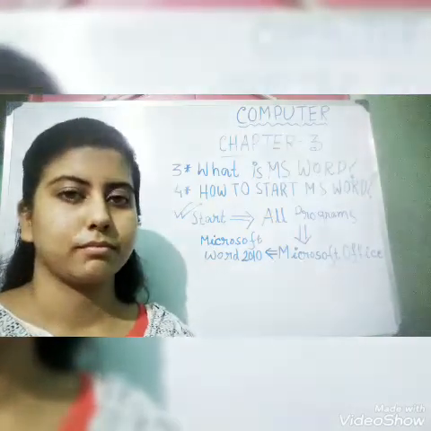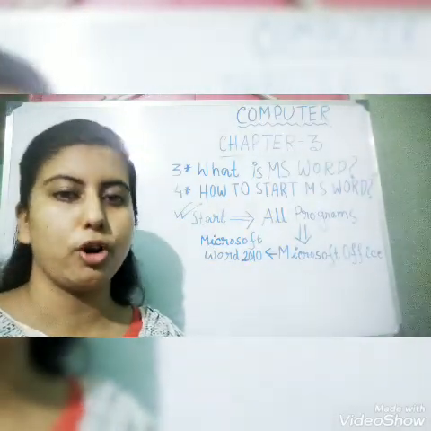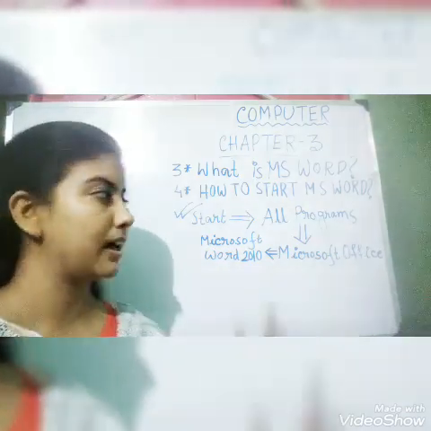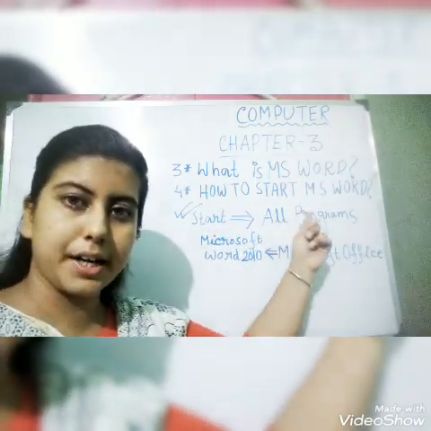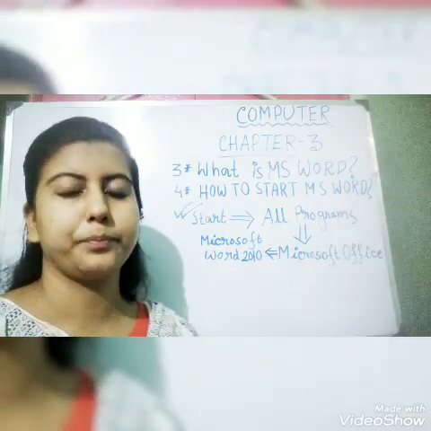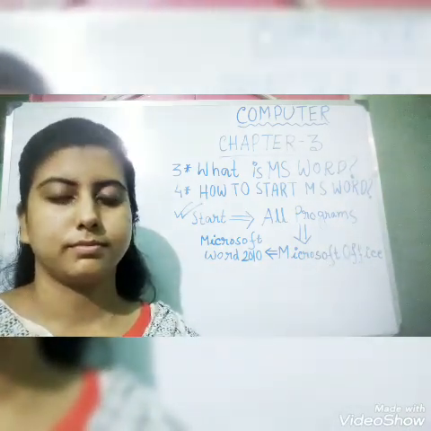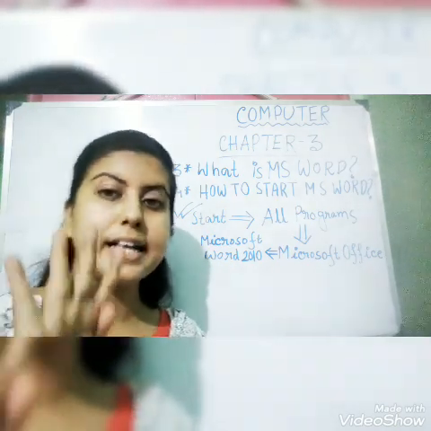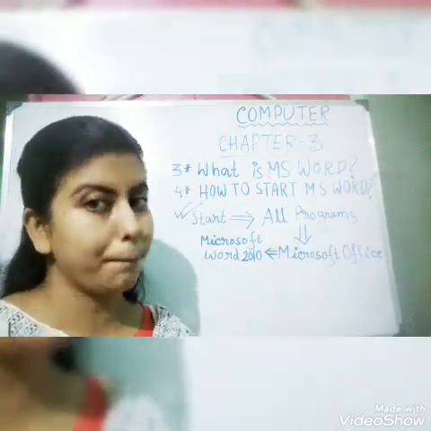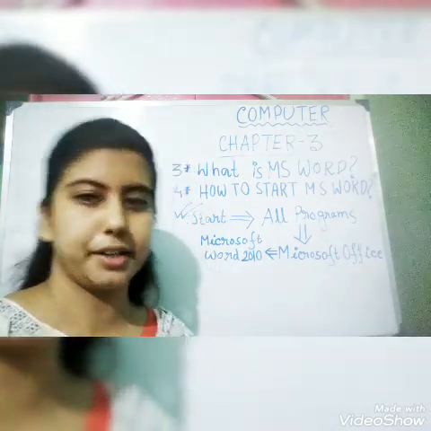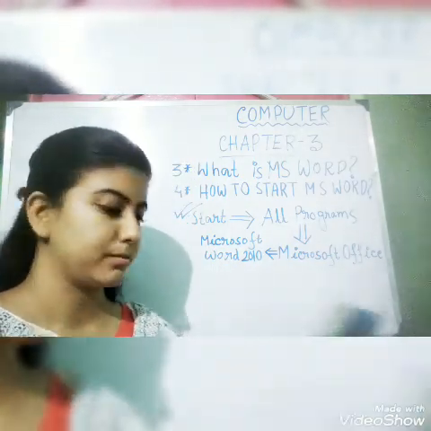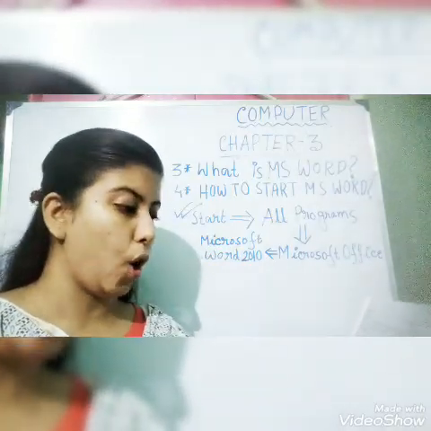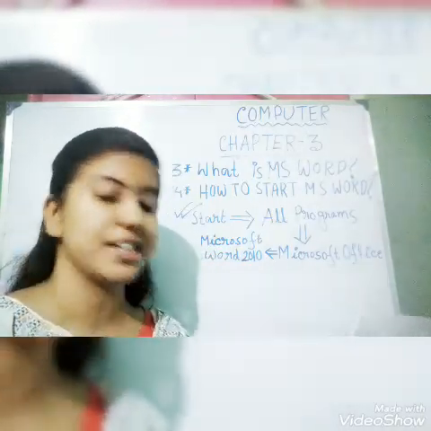Now, we will move on to the fourth topic, that is how to start MS Word. There are 4 steps to open MS Word. Step 1. Click on the Start button.